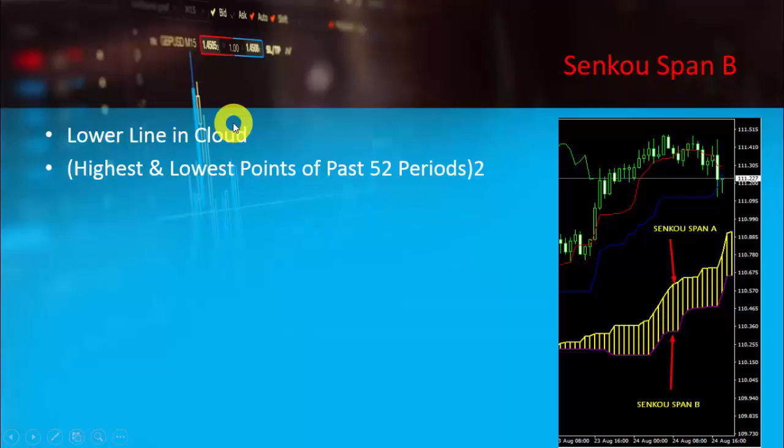So my dear students, now we will see what is Senkou Span B. Senkou Span B is the lower line in our Ichimoku Kinko Hyo system. Now we will see how it is calculated. It is calculated by taking the highest point and lowest point of the past 52 periods, and then dividing by 2.